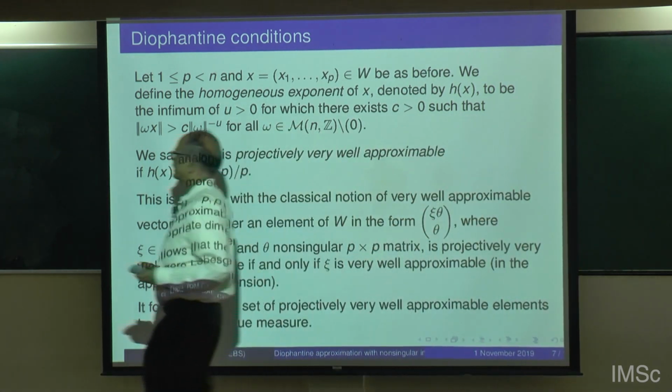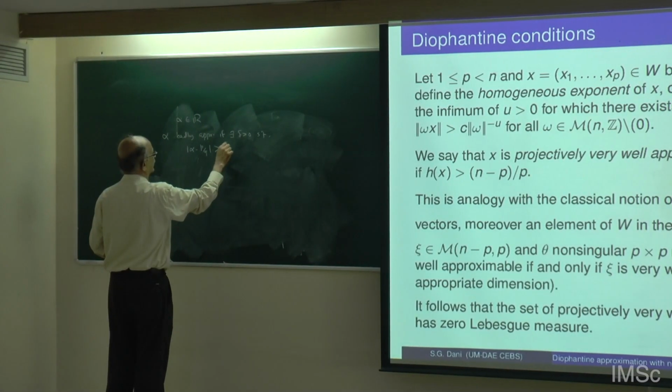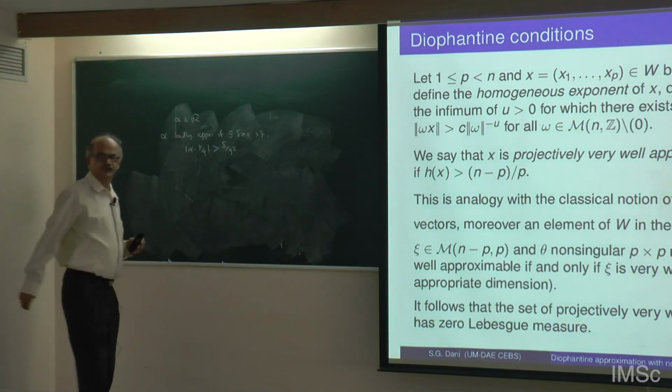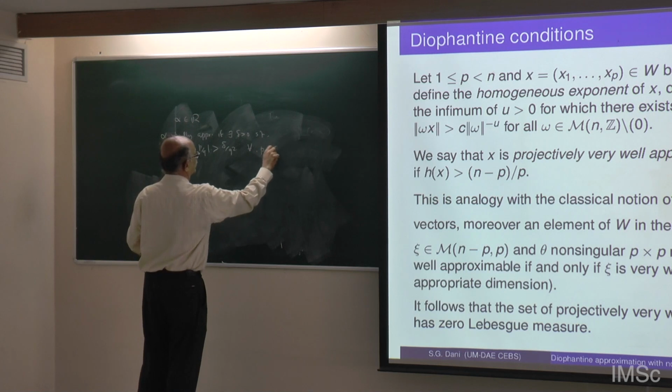So let me, you may recall that a number alpha in R is said to be badly approximable if there exists delta greater than 0 such that |alpha minus p by q| is greater than delta by q square, for all integers p, q with q not equal to 0.